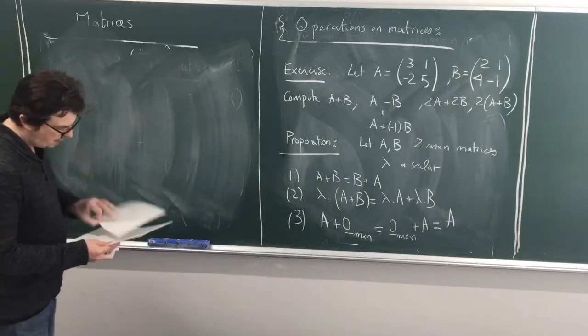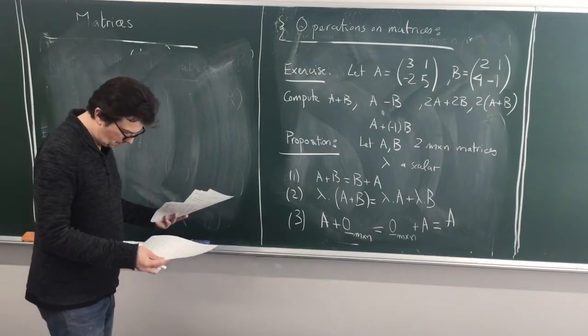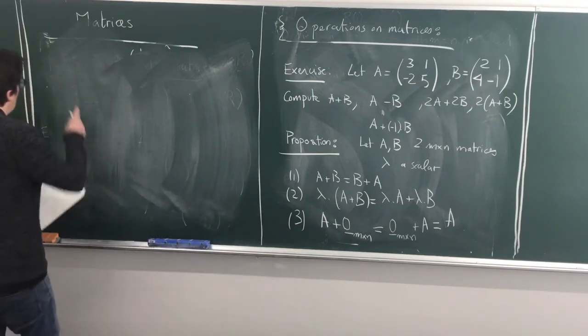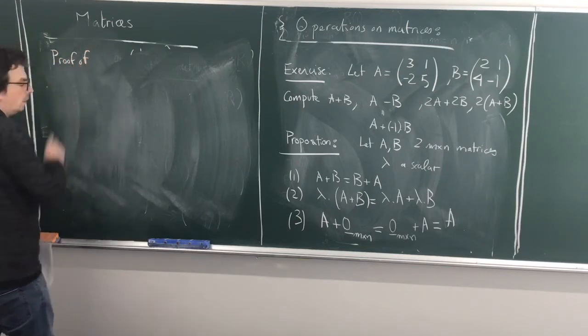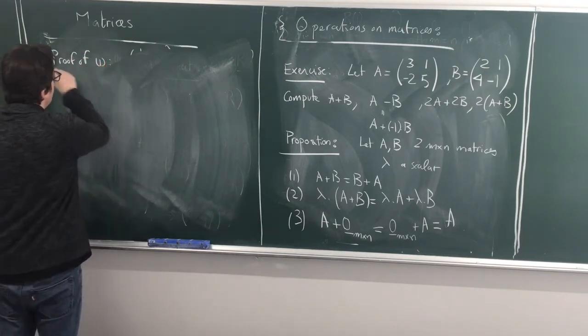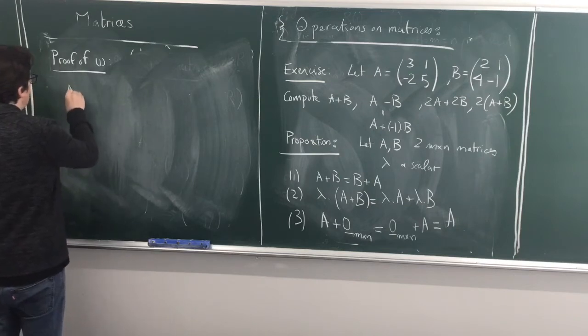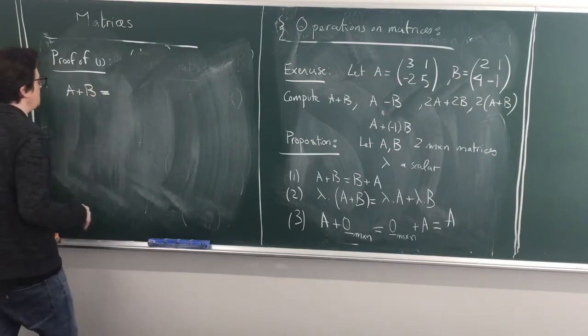Okay, so here let me prove, for example, let me give the proof of 1. Proof of 1. How do we prove 1? Okay, so on the left-hand side, we have A plus B. Now, what is A plus B?